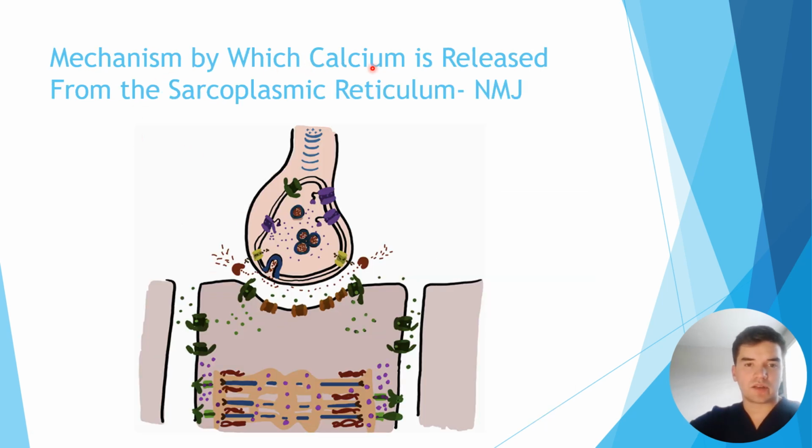Alrighty, so talking about how calcium is released in the sarcoplasmic reticulum. We've talked about in previous video series where something called a signal will come down the neuron, will open up and create an action potential, opening up calcium channels here and other channels.